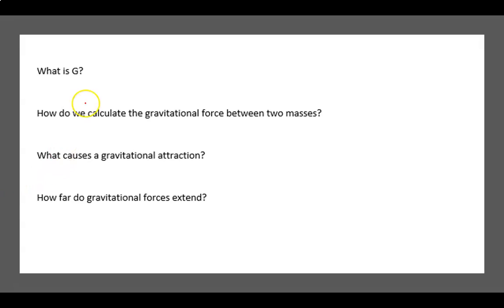G, what is G? Universal constant, 6.67 times 10 to the negative 11 newton meter squared per kilogram squared. How do we calculate the force between them? We're going to use the G m1 m2 over r squared formula. It is mass that causes that attraction, the attraction between masses.